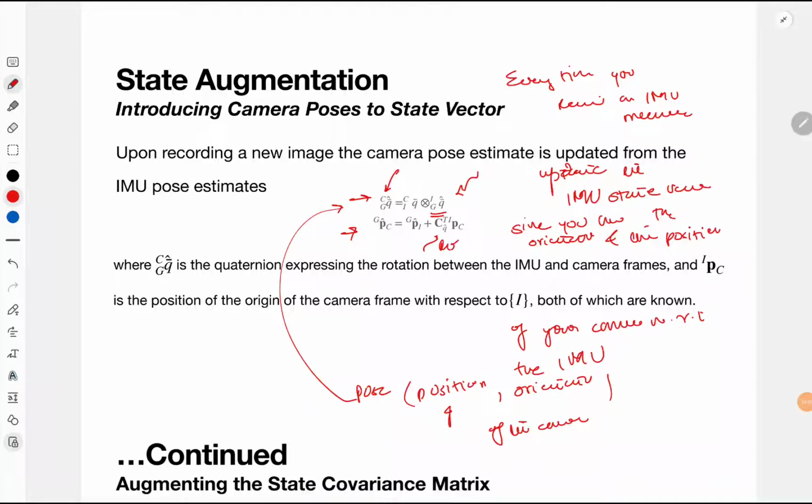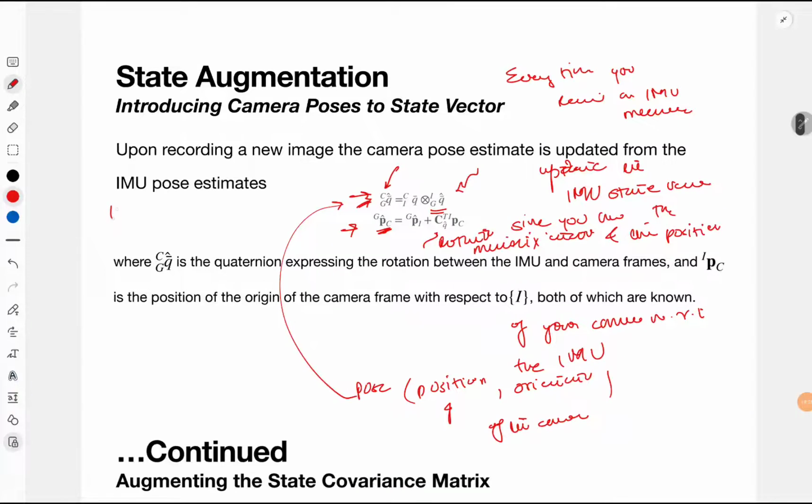So this is the rotation matrix, and you can figure out the position of the camera and the quaternion of the camera based on your new IMU location or IMU prediction. So again, you would get the IMU predictions. Based on that, you would get the new camera pose.